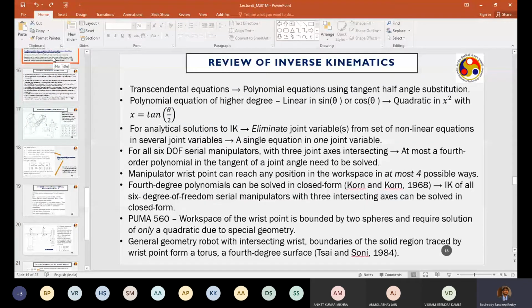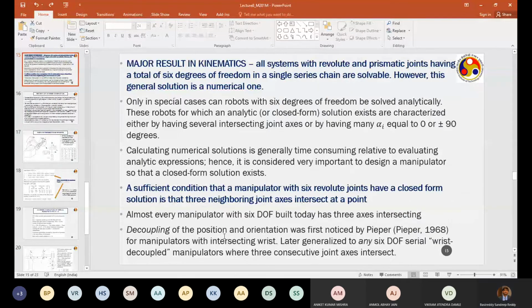But the point is that he studied manipulators with intersecting wrists, and he was able to develop a solution. He was able to get a generalized solution to any 6 degrees of freedom serial wrist manipulators, where the 3 consecutive joint axes, as in our case, are intersecting.